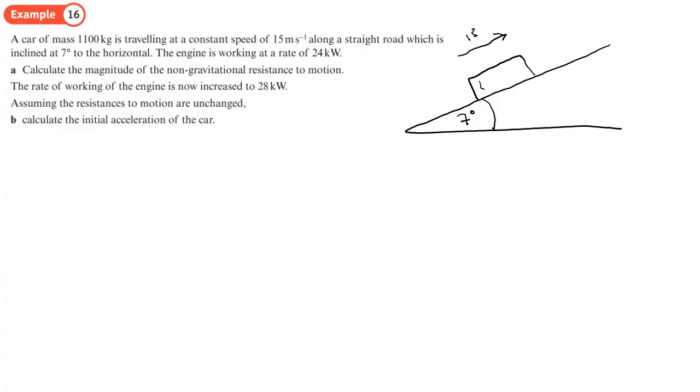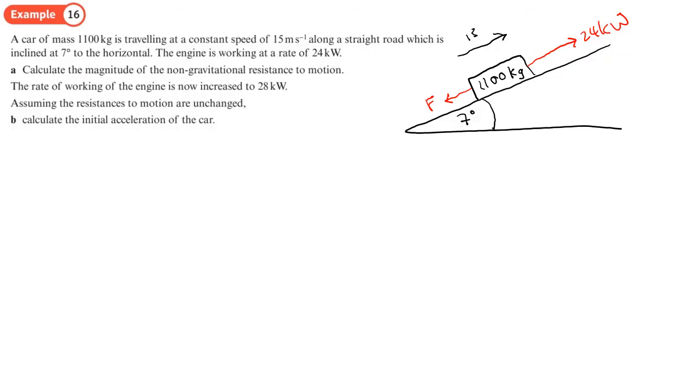It has a mass of 1,100 kilograms, and in the first part of the question the engine is developing a power of 24 kilowatts, and we need to work out the resistive forces. So I'm going to call the resistive force F. Don't want to use R in case we confuse that with a normal reaction.